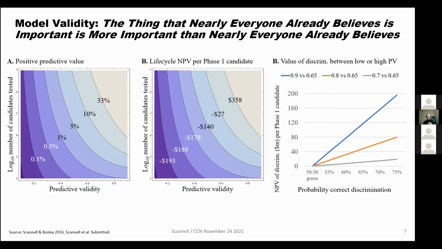So what this says is if you're searching for rare positives, and by rare, I mean discovery and preclinical steps. This stops being true once you get into the clinic and positives are quite common. But while you're searching for rare positives, relatively small changes in the predictive validity, the correlation between your model output and the human outcome of interest, can be more important than 10 or 100-fold changes in brute force efficiency.